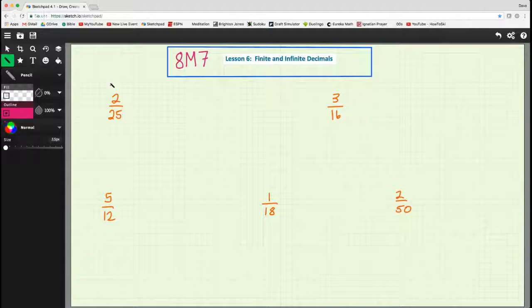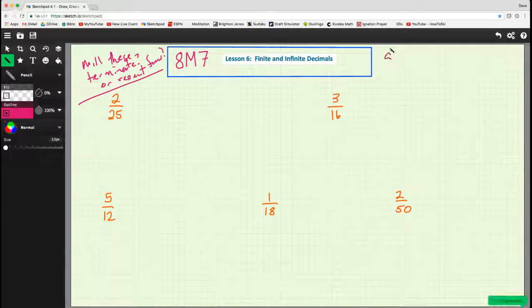So the question is, will these terminate or repeat forever? And so the first thing we're going to do is guess if they repeat or terminate.